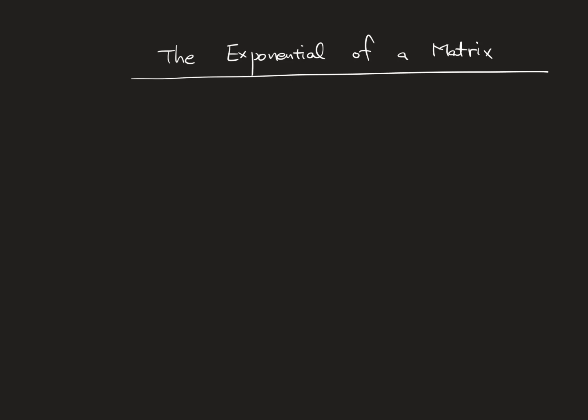We'll talk about the exponential of a matrix. We know that dy/dt is equal to A times y of t. In that case, y of t will be e^(At) y0.